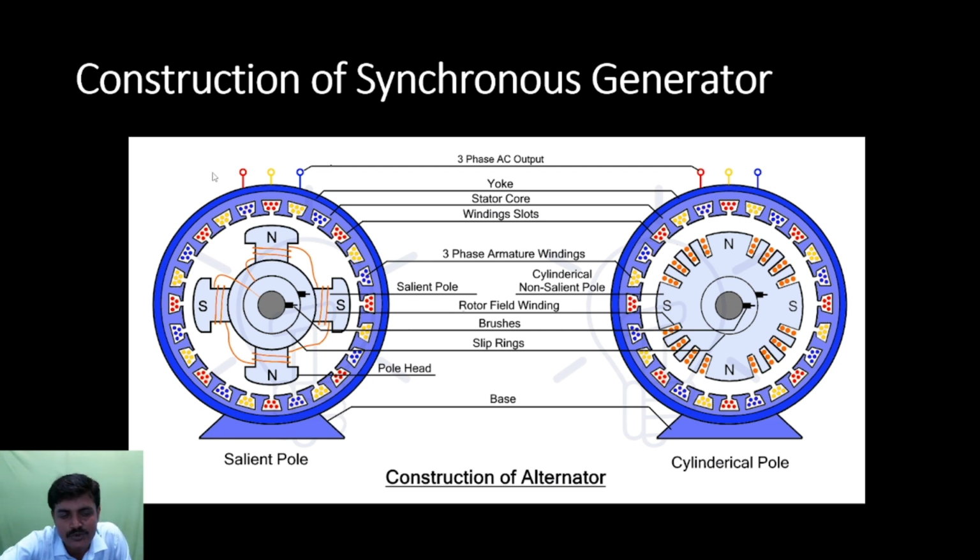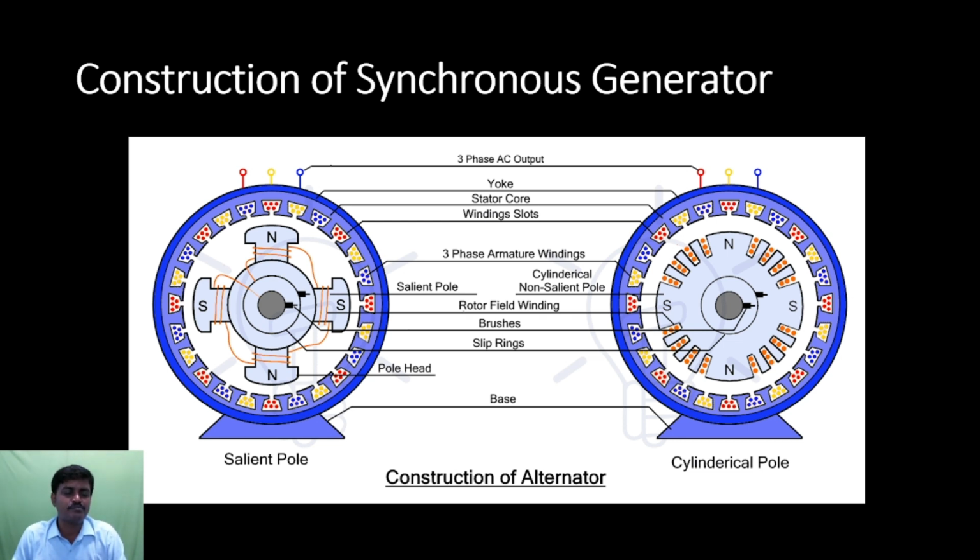The first one is the yoke, and this is the stator frame, and this is the tooth and the slots. This is the slot and tooth construction in order to provide for the armature winding. In the synchronous generator, we use the armature winding in the stator.